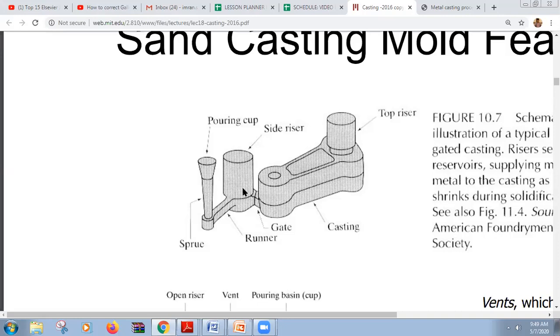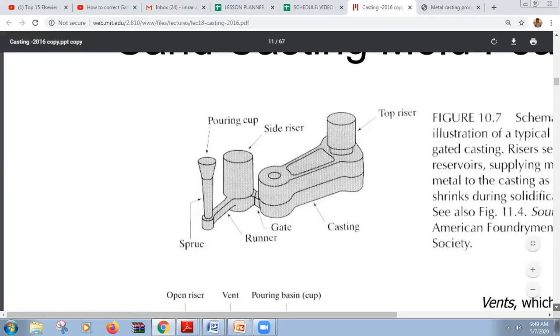So the top riser and side riser along with the pouring cup, sprue, runner and gate are again melted, prepared for reuse, and the part is taken out. This is the whole part that is taken out. This is the part produced by casting, and then surface finish, machining, etc., is done on this part, and this is the part we have to utilize.